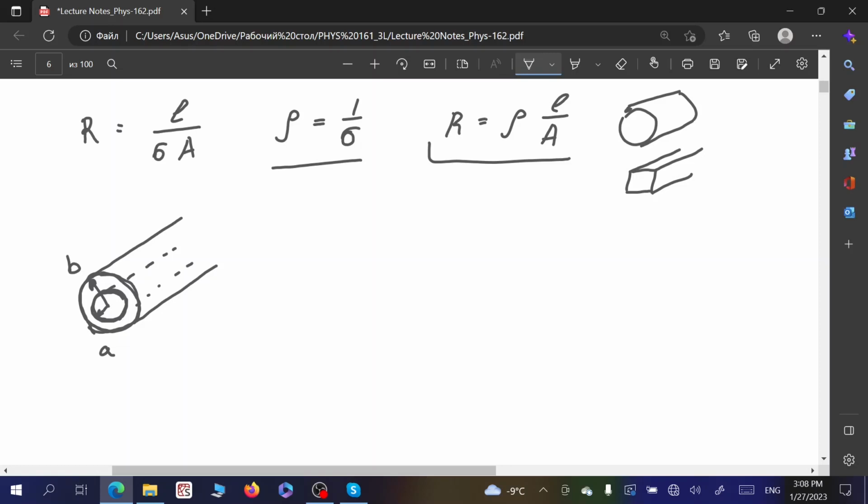So if we look now at the cross section, let us draw here just a cross section of this hollow cylinder.